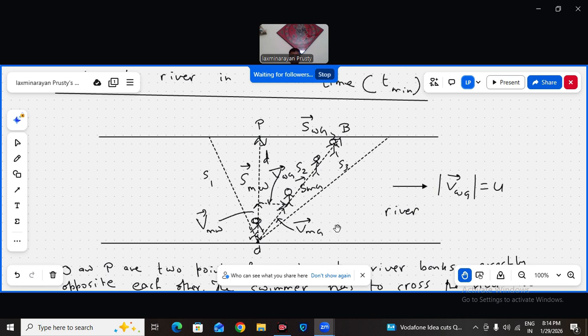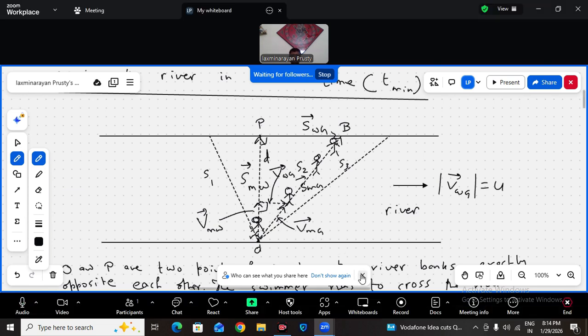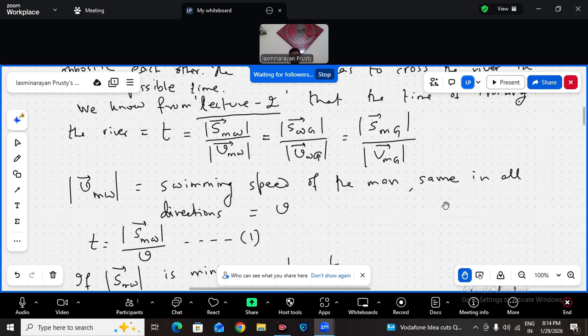So, understood this? The man's swimming velocity direction, which is along the width of the river, and the river velocity direction along the river length are mutually perpendicular. This is clear to all of you?